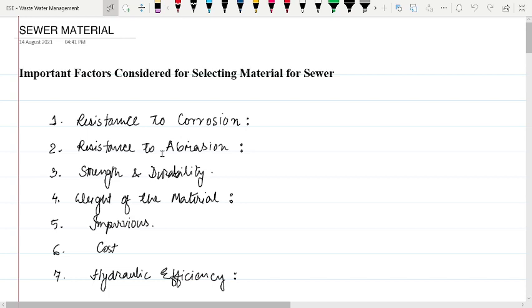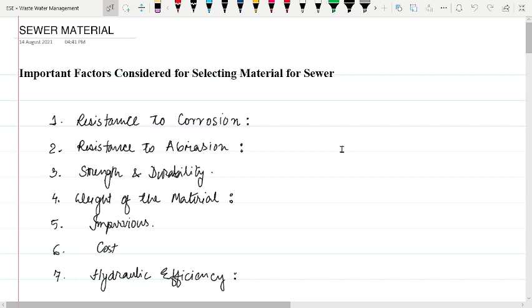That is why, while considering the material, we must also consider what kind of sewage is flowing through it, and whether that sewage has the ability to corrode the inside of the specific sewer material that we are considering.